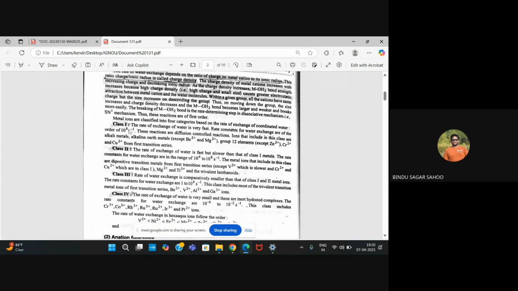By considering this general concept of charge density, other factors are also involved here: the Jahn-Teller distortion effect, and some thermodynamic stability factors. So we can classify these metals into four types: class 1, class 2, class 3, class 4.